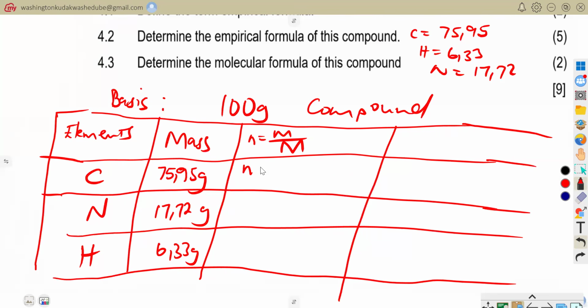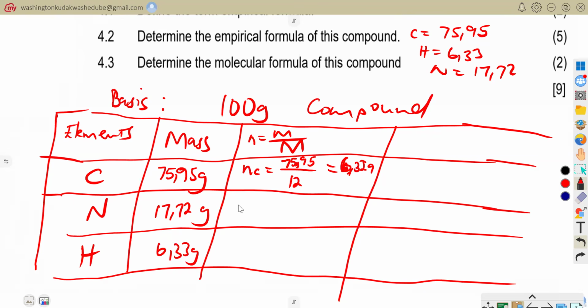So the number of moles of carbon would simply be equal to 75.95 divided by the atomic mass of carbon, that is 12. If you say 75.95 divided by 12, I get 6.329.